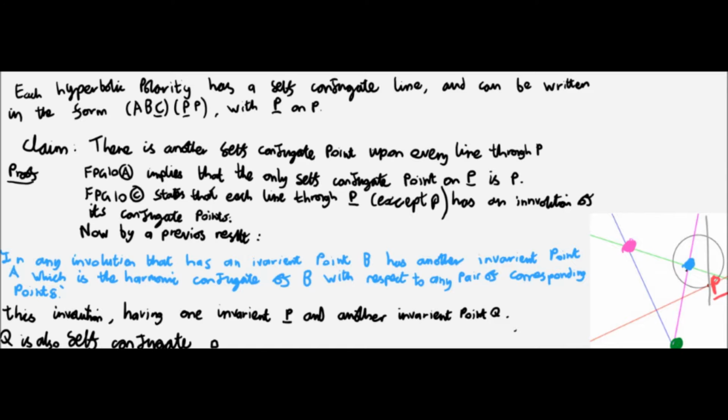Now, another one of these results from the last lecture, Theorem C, states that if we look for any line through capital C which doesn't pass through its polar, little c, well, it's not the same line anyway. So any line through big C that's not the same as little c is going to have an involution of its conjugate points. We've seen this phenomenon before.